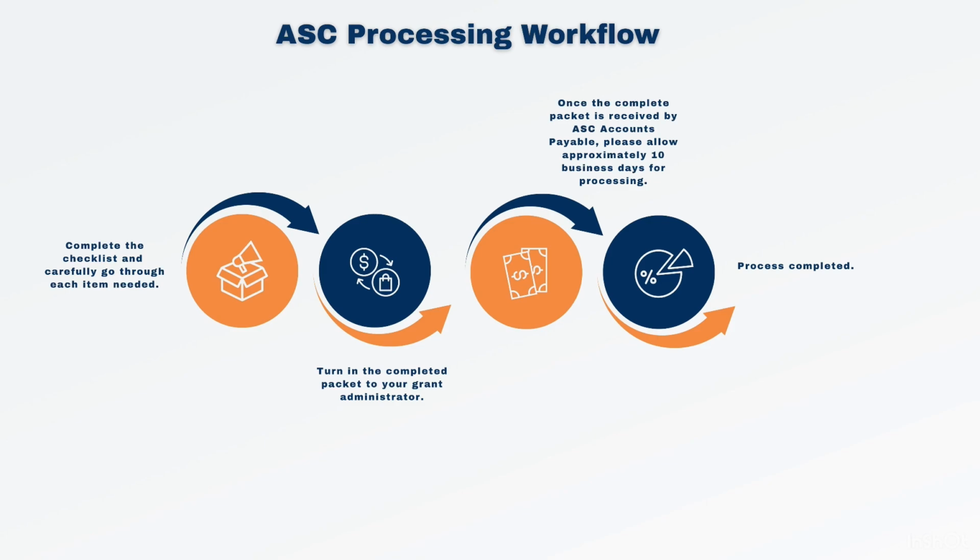That complete packet will go to your grant administrator, whether that's a campus program or a sponsored program grant administrator. From there, the grant administrator will be in charge of reviewing the packet as a whole, making sure all the elements needed are there, as well as verifying budgets.